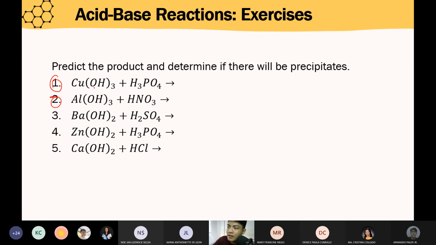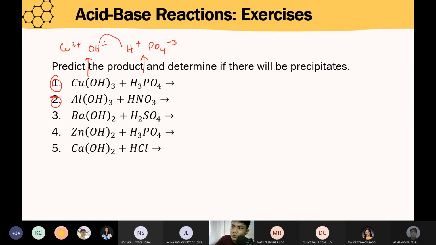Okay? So copper 3 hydroxide plus phosphoric acid. Dito na lang, ano yung mga ions na kaya natin magawa? The ions are Cu3 plus, OH minus, H plus, PO4 minus 3.